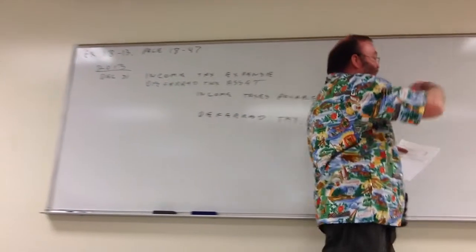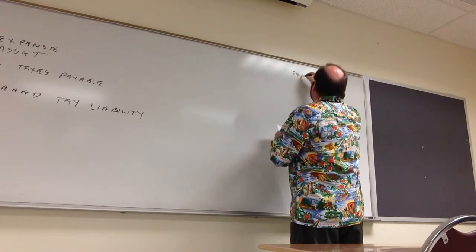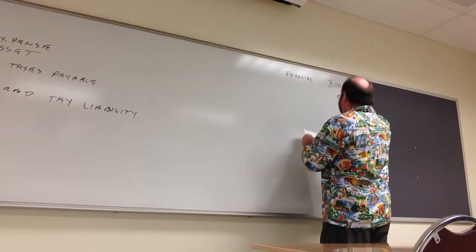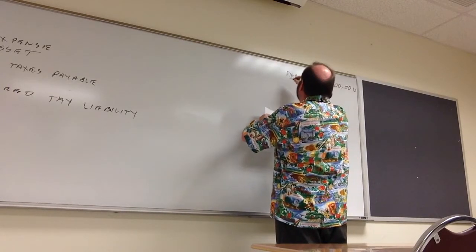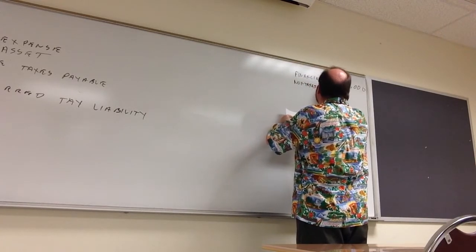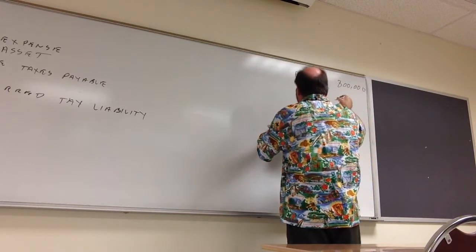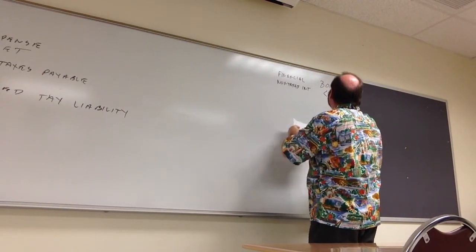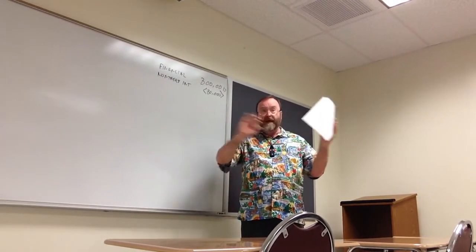All right, so off to the side here, I'm going to calculate what taxable income is. So we have financial income of 800,000. We have non-taxable forever interest. So that's the 80,000 of municipal bonds that's included in the 800,000 pre-tax financial income, but we're never going to pay taxes on it.